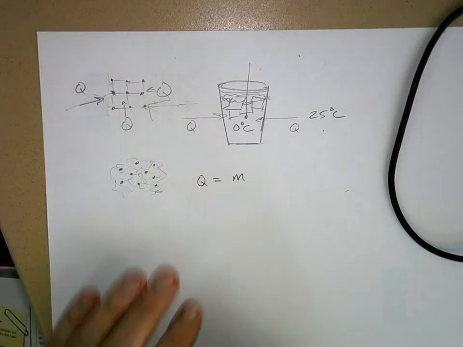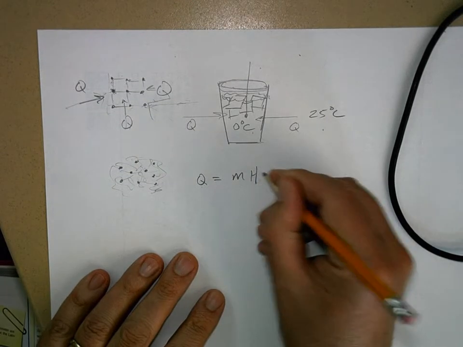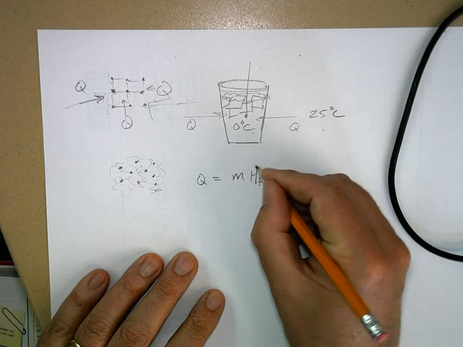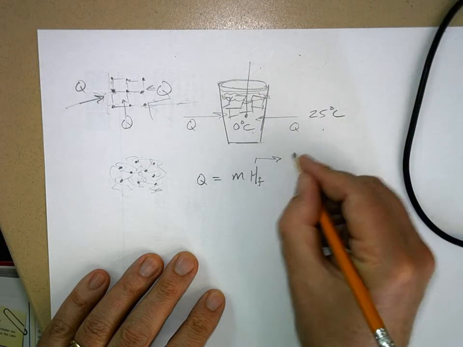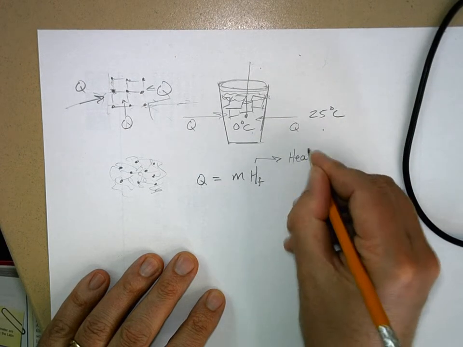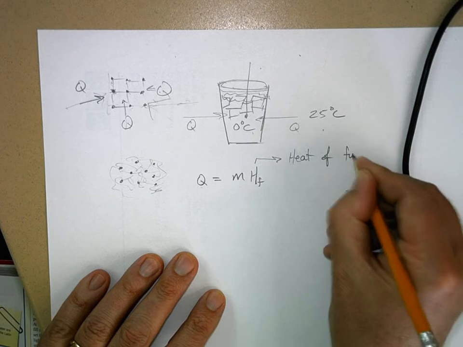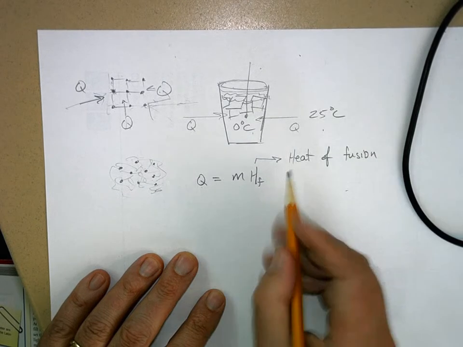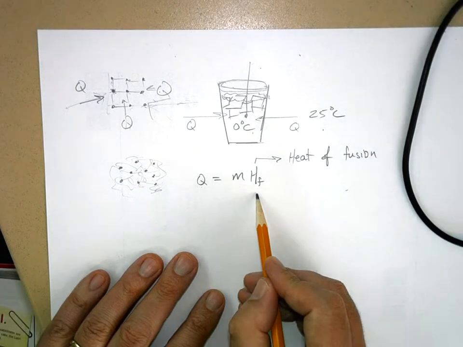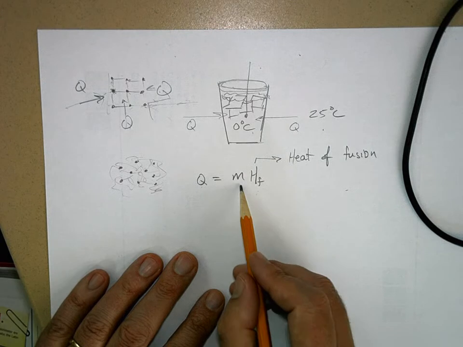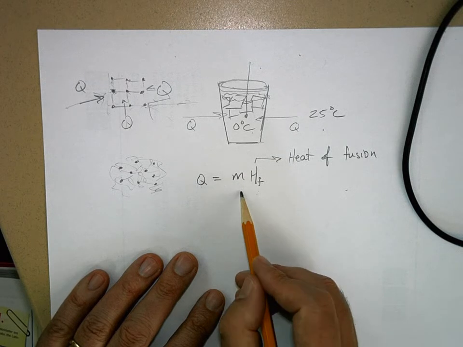So what we need is called H sub F. It's got a really screwy name. It's called the heat of fusion. And it's the amount of heat needed to melt a certain mass of ice. Okay?